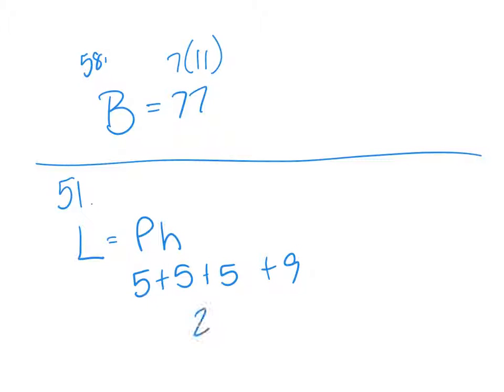So 15 and 9 is 24. And the height of that whole thing is 12. Wait, I'm confused. Because the box is 12 feet high. When you lay the trapezoid on the ground, it's 12 feet high. So what's that, 288?